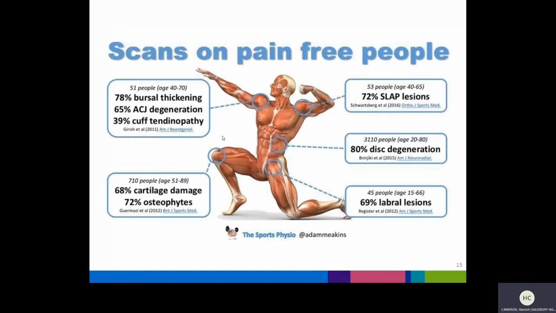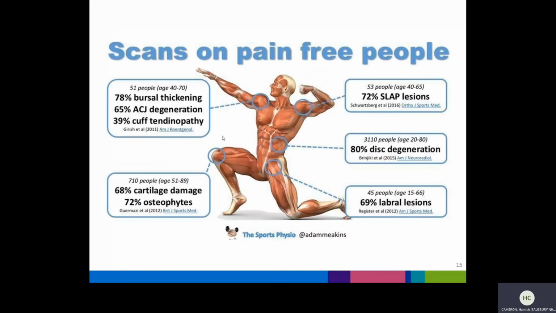And that occurs across the rest of the body as well. For scans on shoulders, hips and knees, again, they often show a high level of people walking around with these degenerative signals on the scans. But there isn't always a good correlation between those findings and pain. It's possible to have these changes without pain.